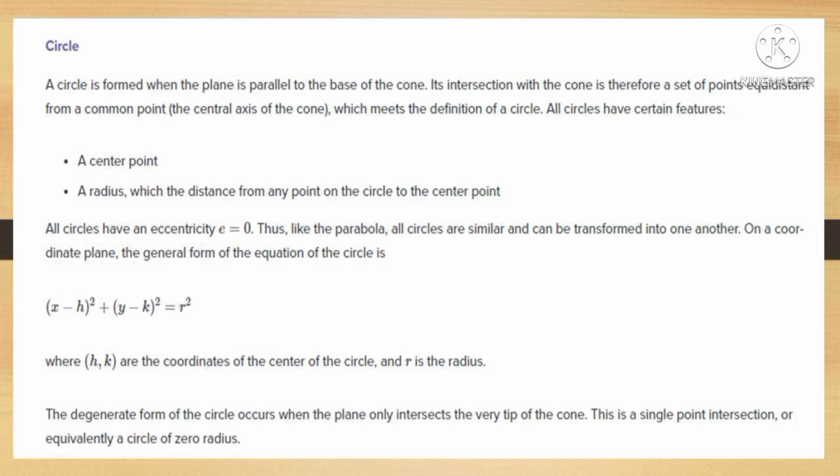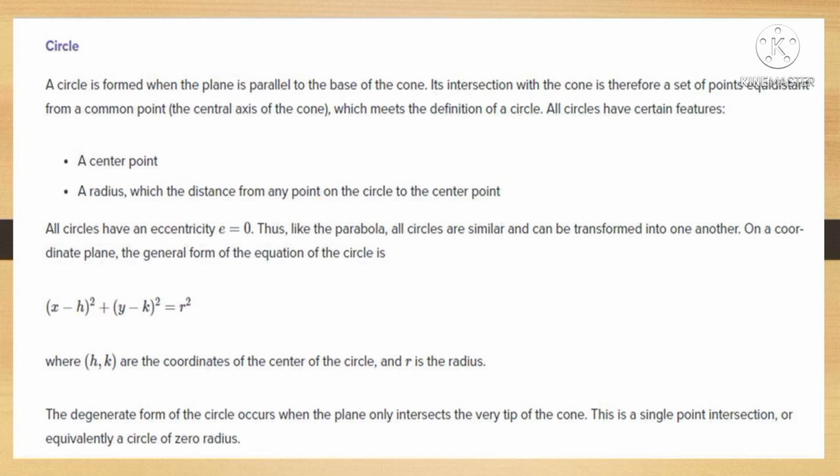A circle is formed when the plane is parallel to the base of the cone. Its intersection with the cone is therefore a set of points equidistant from a common point, the central axis of the cone, which meets the definition of a circle. All circles have certain features.